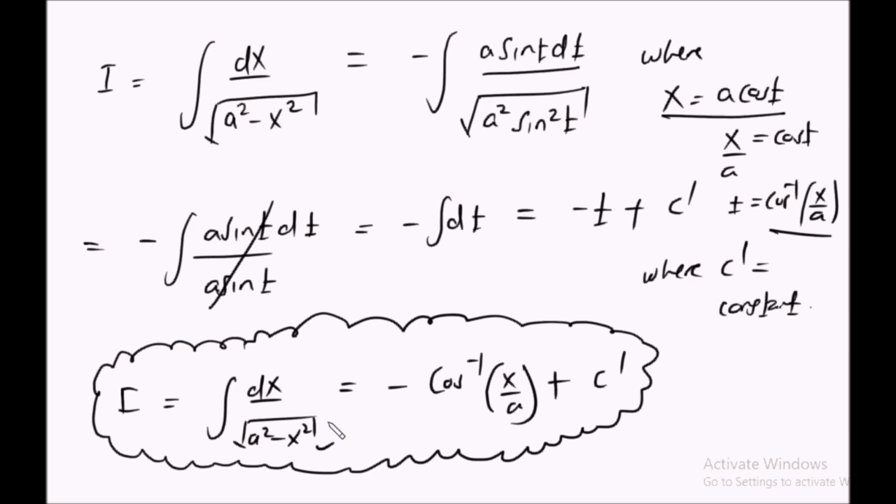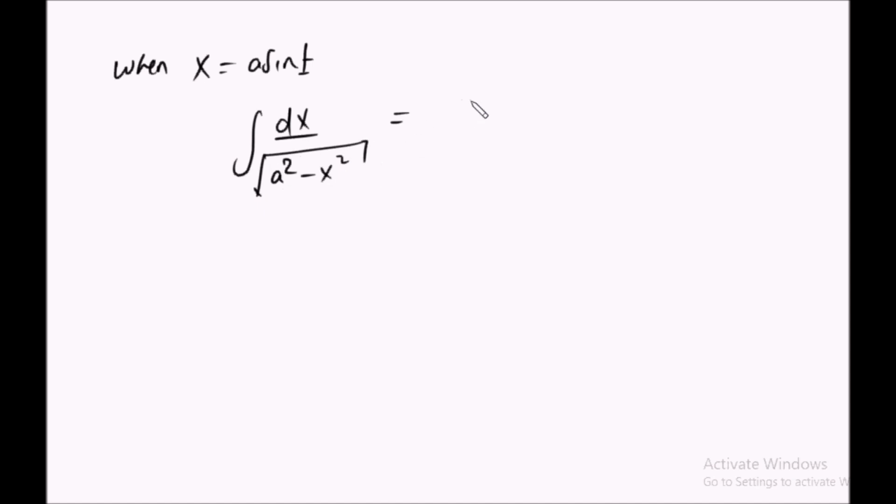Okay, so mara ya kwanza, this is what I'm trying to say. Mara ya kwanza nilivolate x ni sawa na a sin of t, nilipata kwamba hii integral ni sawa na sin of inverse x over a plus c.